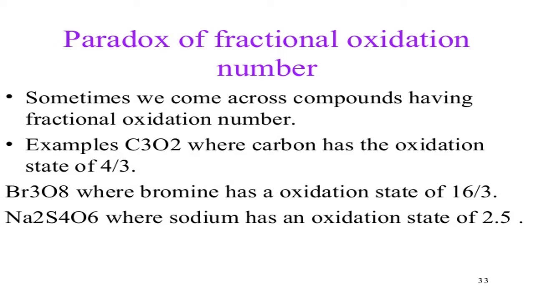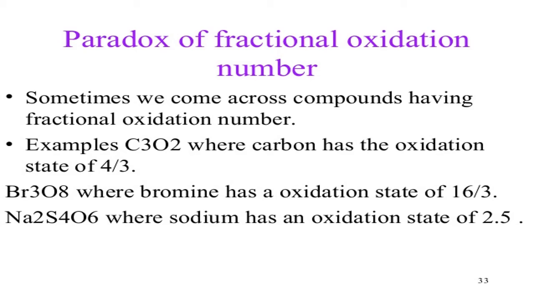Only in such cases where we find ON in a fraction, first you calculate by the normal method. After calculating by the normal method, if you find that the ON is a fraction which is not convincing, then you take the help of the structure. Study the structure, and then you will understand why it is a fraction.